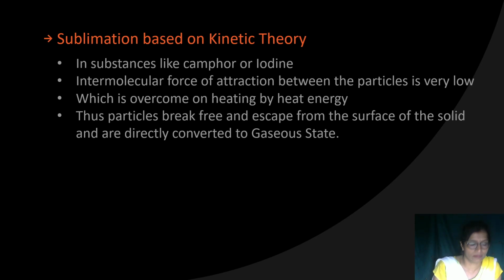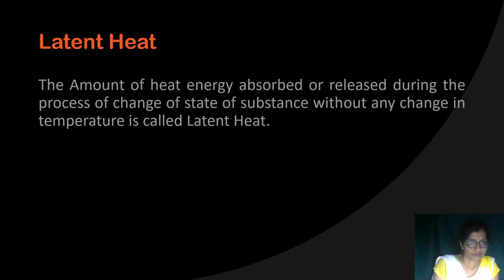So when these substances are heated, a little bit of energy is sufficient to overcome the force of attraction between the particles. These particles become free and escape from the surface of the solid and directly convert into the gaseous state without passing through the liquid state. So this is all about sublimation.